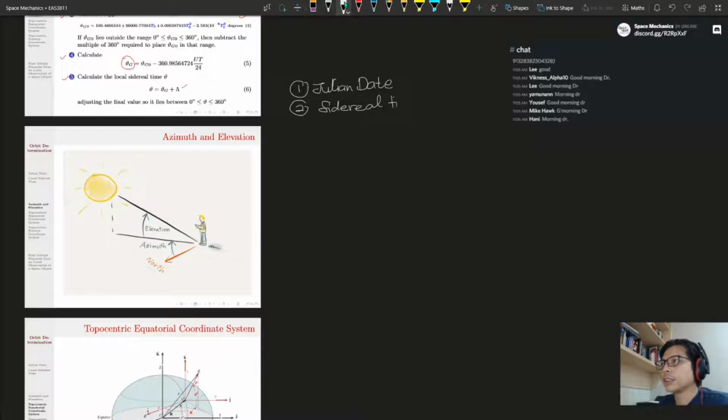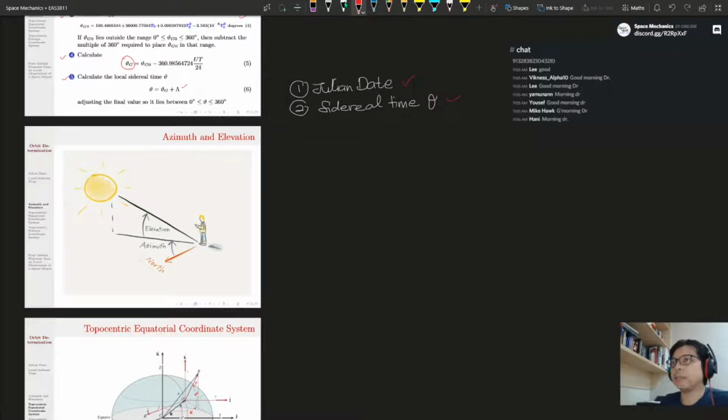It's denoted by a funny theta right there. So Julian date, you know how to calculate that. You even made your own program to calculate Julian date. The same thing for local sidereal time also.